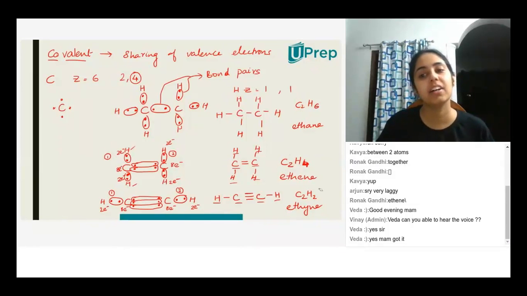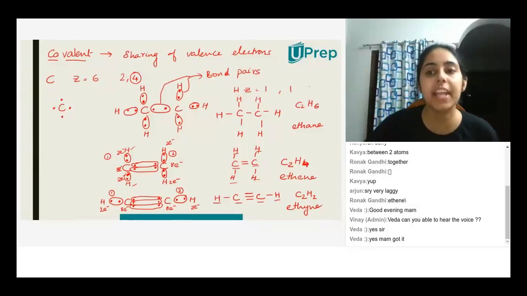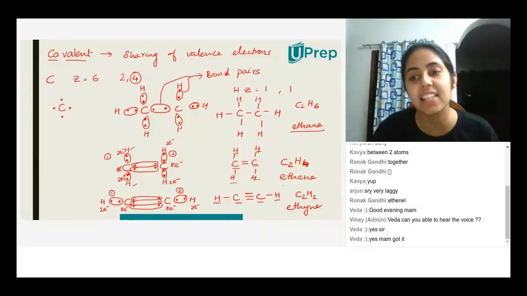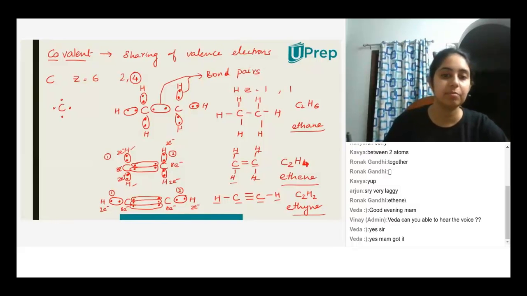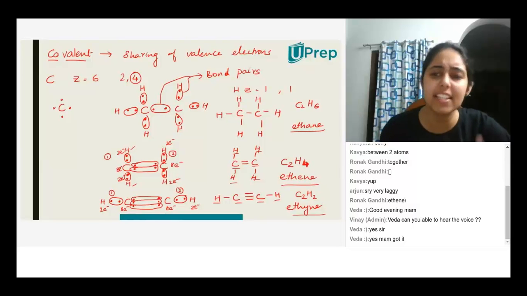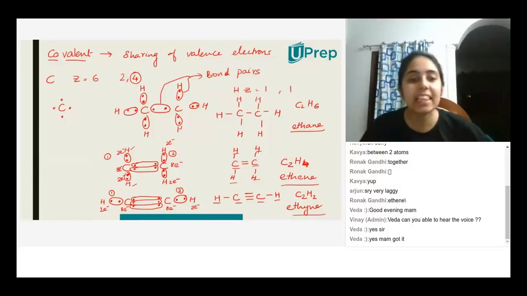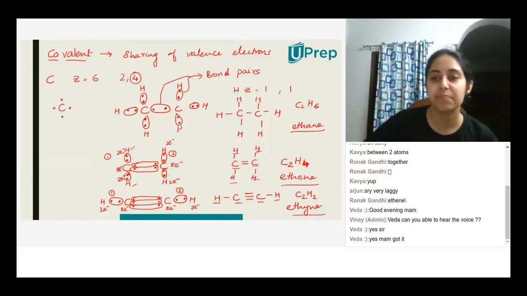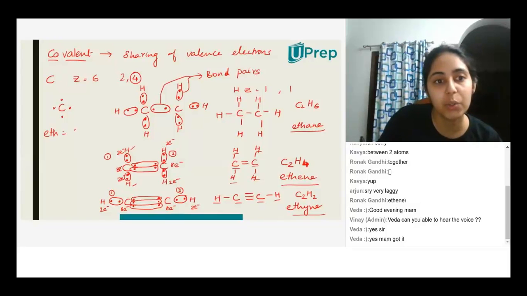So H2 is common, C2 is common. What else is common? What about the names? This is ethane, this is ethene, this is ethyne. What is common? Eth. Very good. So what do you think this eth means? It means 2 carbons. So eth means 2 carbons.